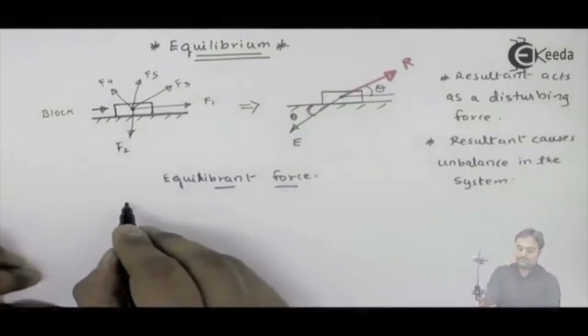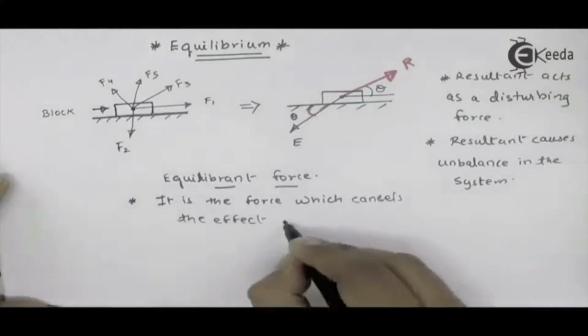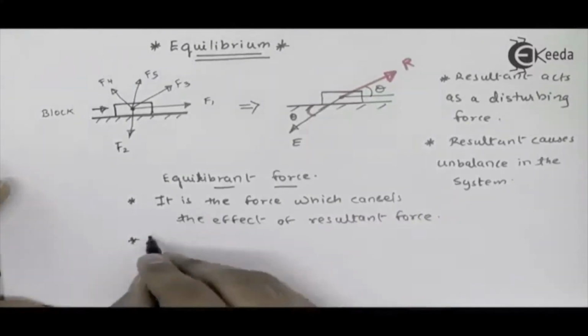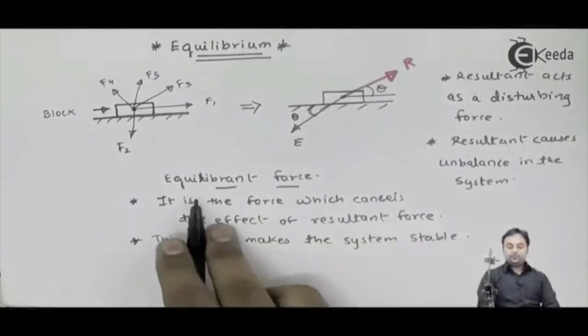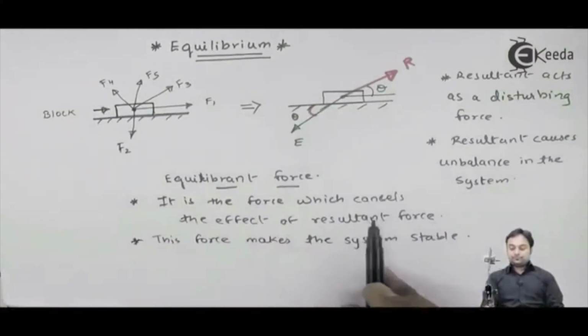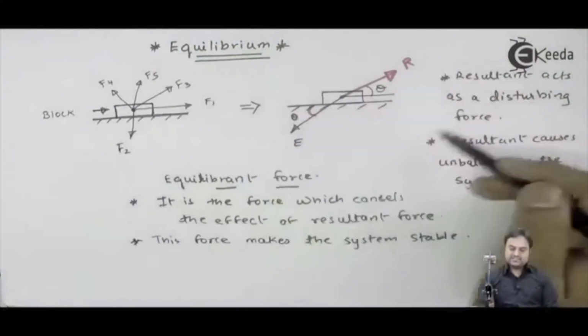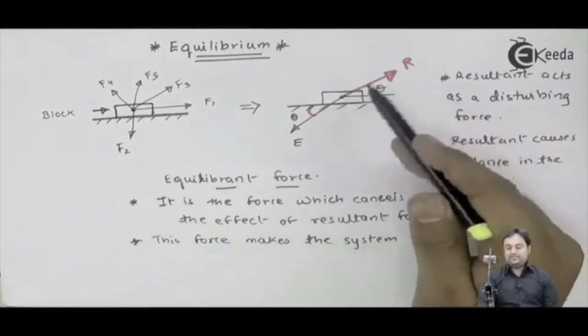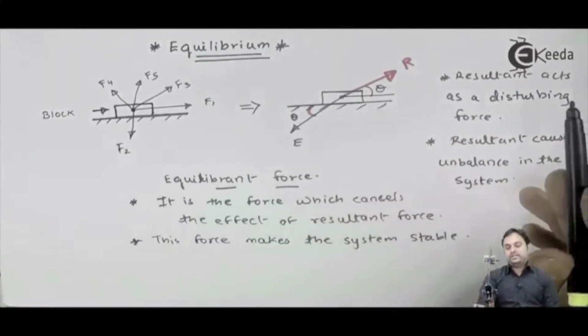So if resultant is away from the block, even equilibrant force would be away from the block. Equilibrant force is that force which cancels the effect of resultant. If we see in this diagram, resultant is acting upward, equilibrant force is in the downward direction.